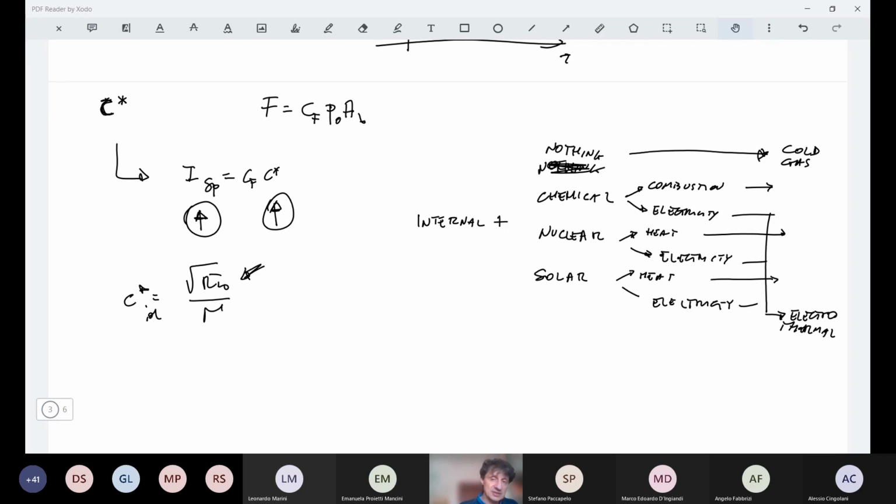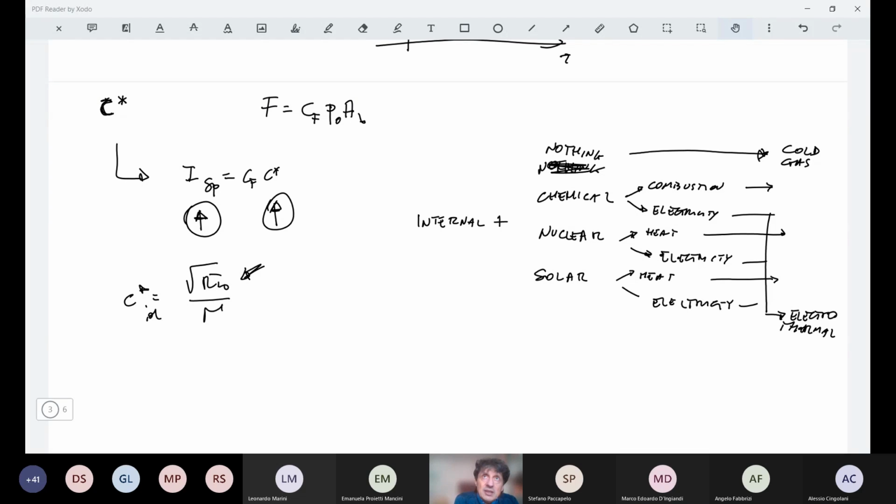But there is a difference among these options, because in case of chemical rockets, and also in theory in case of nuclear rockets, we can get this heat directly inside the propellant itself.